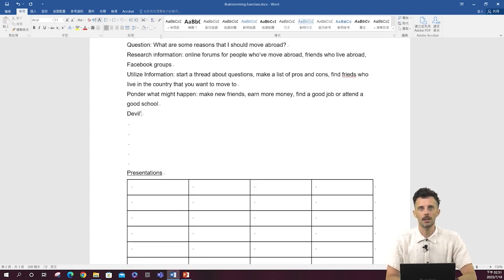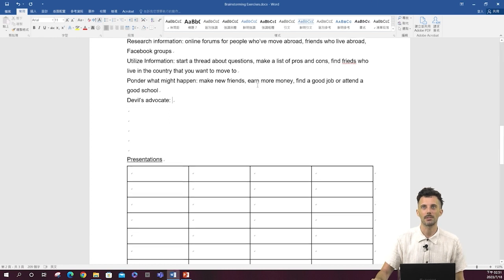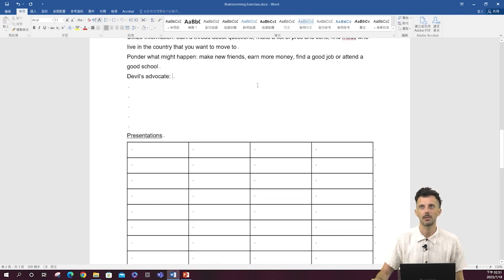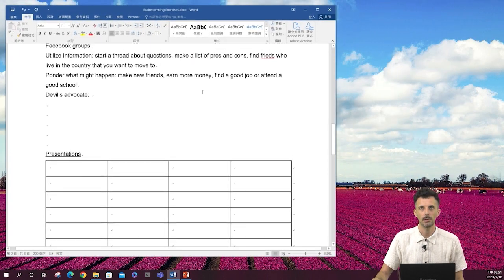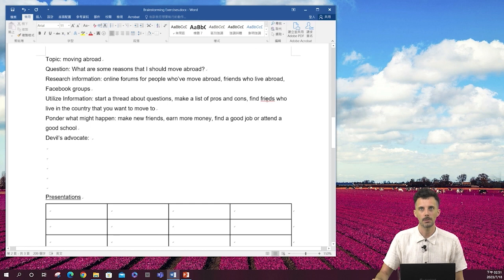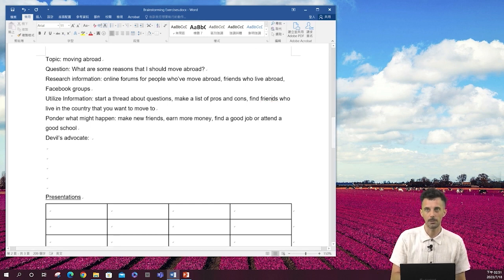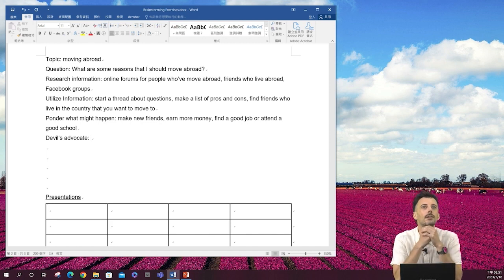Okay, let's go to the devil's advocate. So let's think of what are some personality traits that you think might hold you back. So what could possibly be?